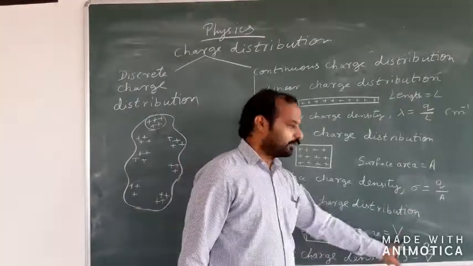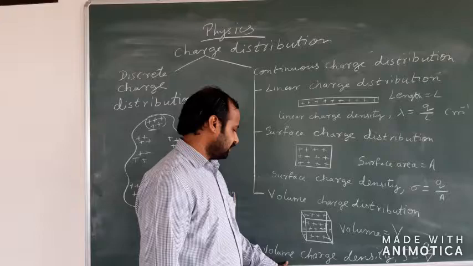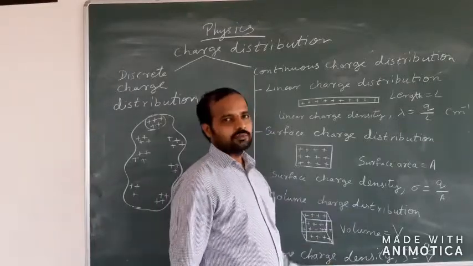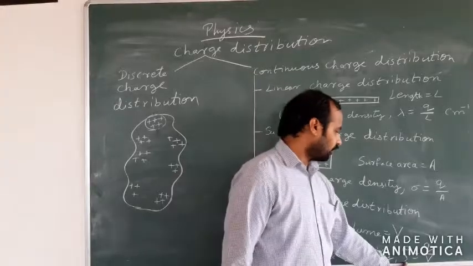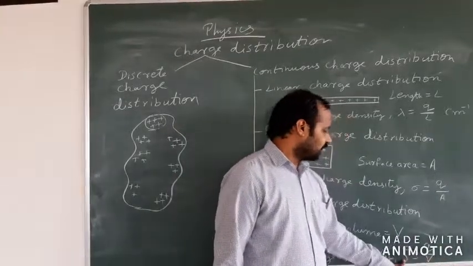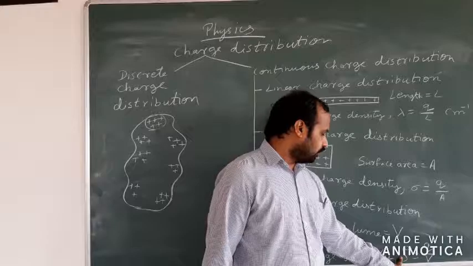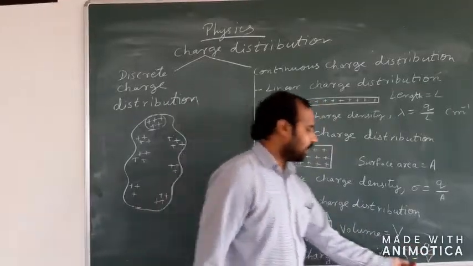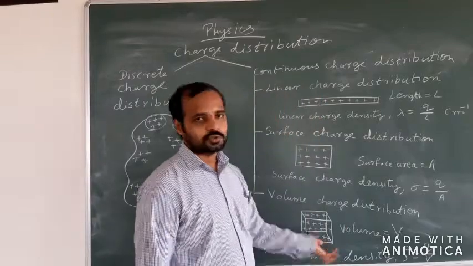If the volume of this enclosure is V, then the volume charge density will be given by rho equals Q by V, where rho is the volume charge density, Q is the total charge inside this volume, and V is the volume of this enclosure.